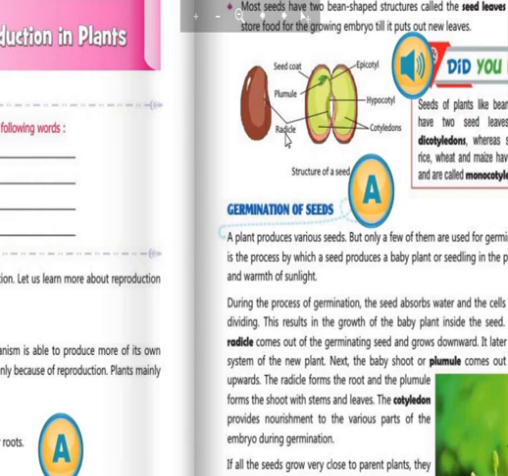And this is radicle. Radicle is the small root which goes down to the earth and forms the root system of the plant. And this is plumule which grows upward from the ground, and this forms the shoot system of the plant.